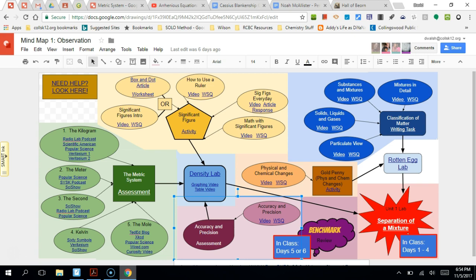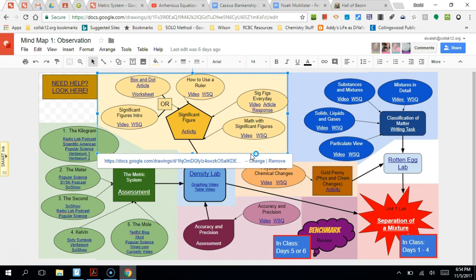Maybe even have you calculate density, mass over volume, because we did the density lab. But I'm definitely going to give you data, and based on that data, I'm going to ask you to calculate using the appropriate sig figs.